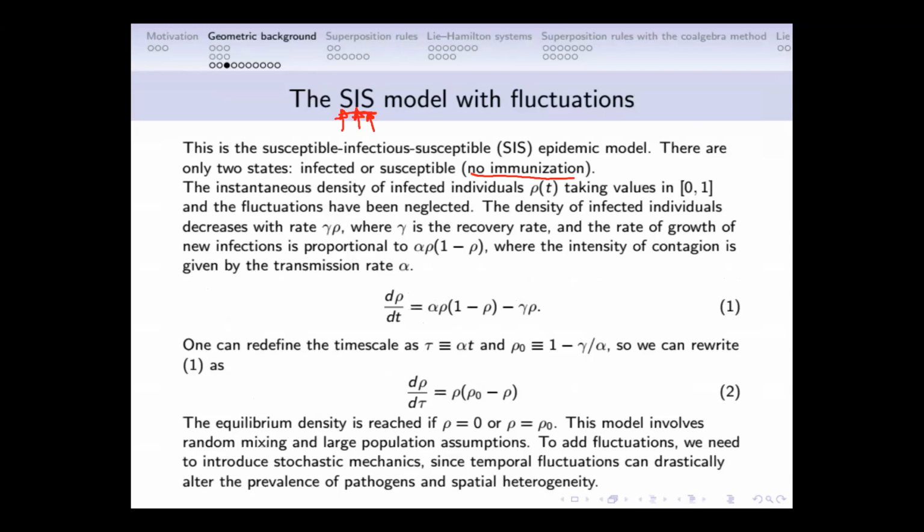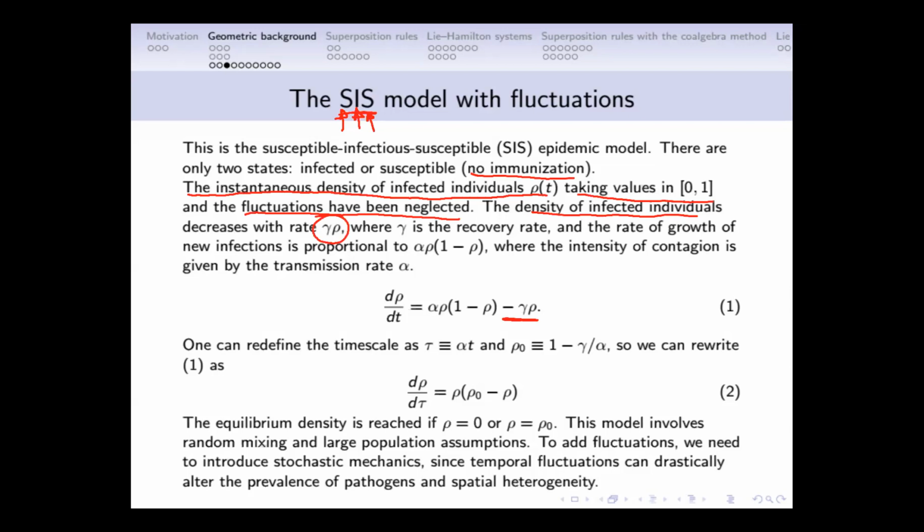This model, I'll give you the reference in the next slide. This is a model that tells you the instantaneous density of infected individuals, and we are going to suppose that it's taking values between 0 and 1, and the fluctuations have been neglected for the moment. So the density of infected individuals is going to decrease with this rate because some will be recuperating.